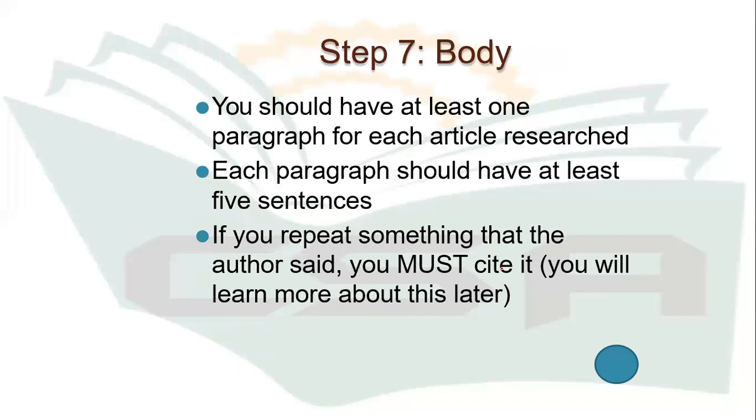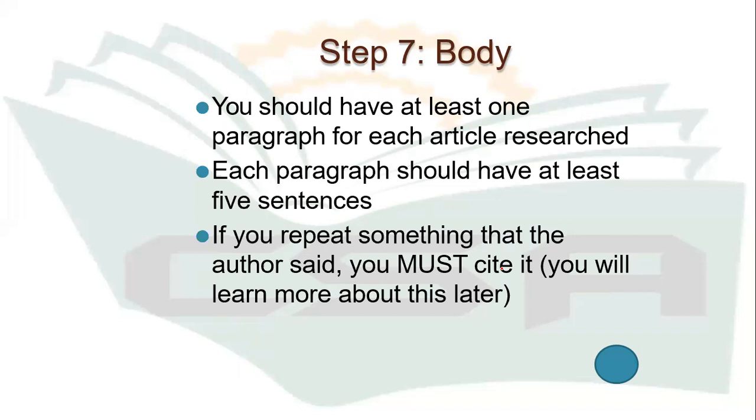Step 7 is the body of your article. You should have at least one paragraph for each research article. So you have read different research articles, and now you will decide to write your data from those articles. You will take about one paragraph from each and every paper that you read. In the starting you will take one paragraph, and then when you become expert in your write up, you can just take a few words from one research paper.